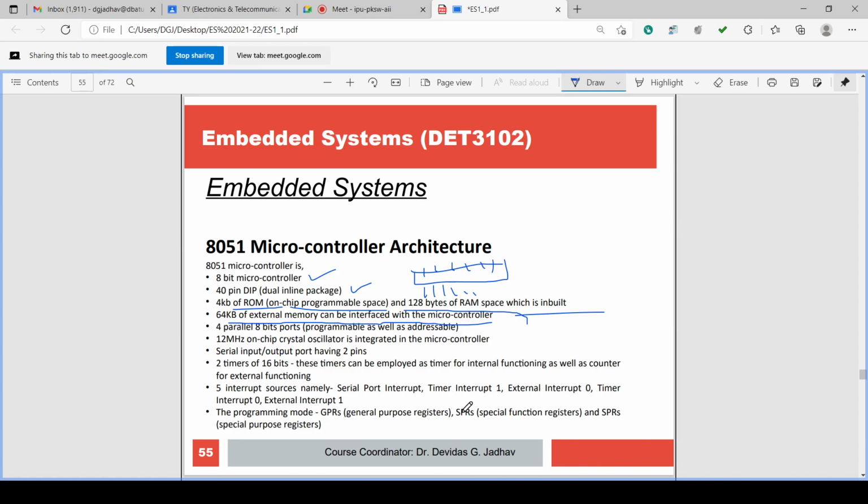So these pins can be addressable pins. Then four parallel 8-bit ports are there, programmable as well as addressable. How many? Four, and they are parallel. 12 megahertz on-chip crystal oscillator is there.